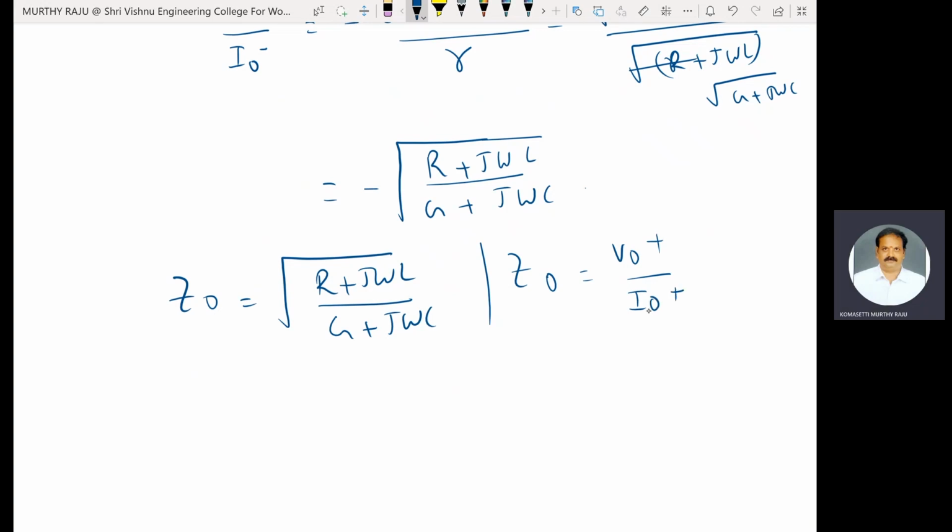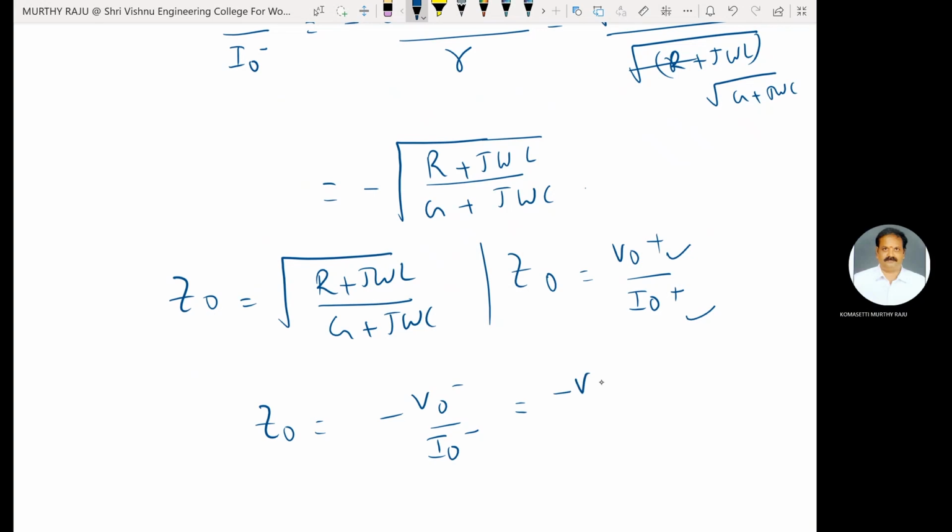The characteristic impedance is also defined as the ratio of the forward voltage wave, that means V0 plus, to the forward current wave, that is I0 plus, at any point on the line. The characteristic impedance is also defined as the negative of V0 minus by I0 minus, the negative of the ratio of the reverse voltage wave to the reverse current wave at any point on the transmission line.